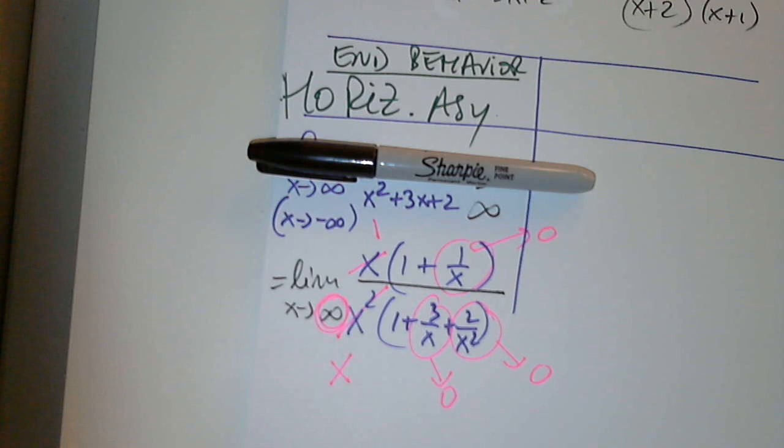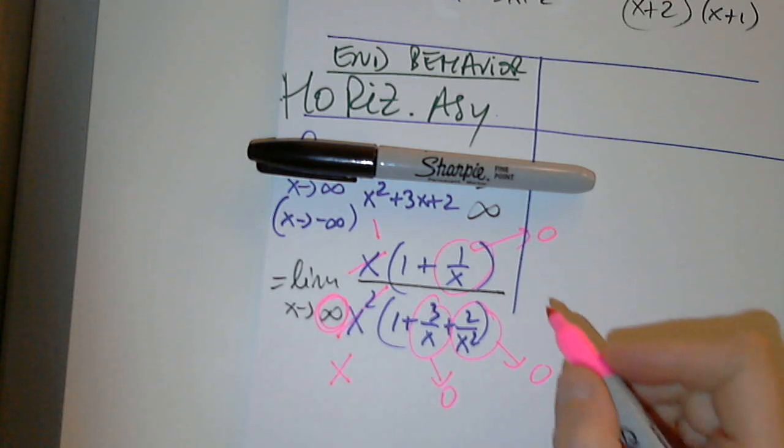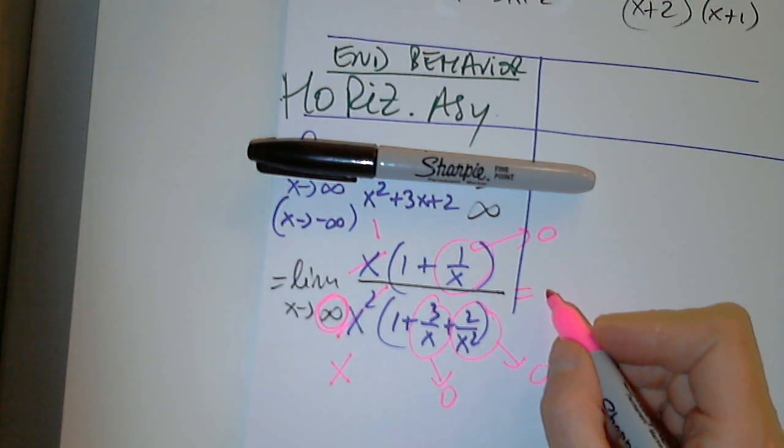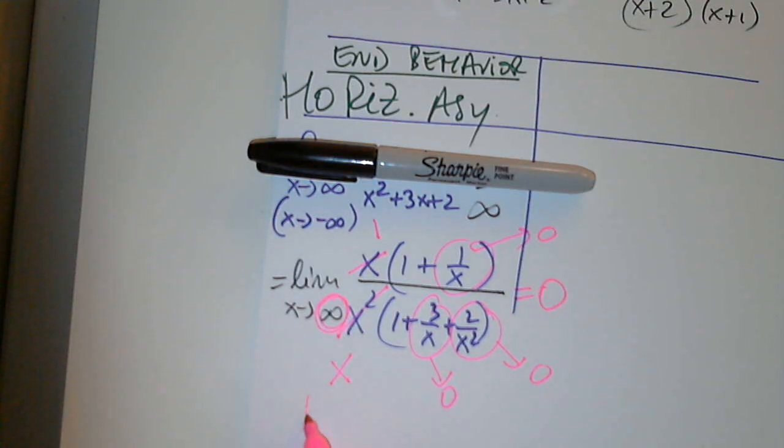It's going to be 1. But I have 1 over x when x approaches infinity in front. So the answer is? 0. Thank you very much. So y equals 0 is the horizontal asymptote. It's a rational function, so the horizontal asymptote will be the same at both ends. There is no need to recalculate for x approaching negative infinity.